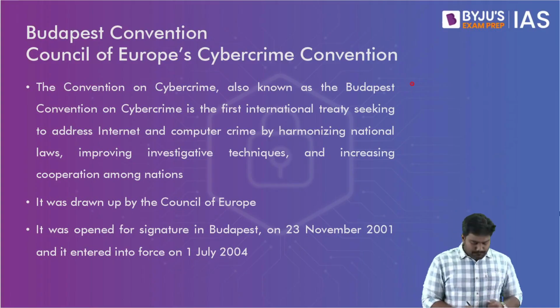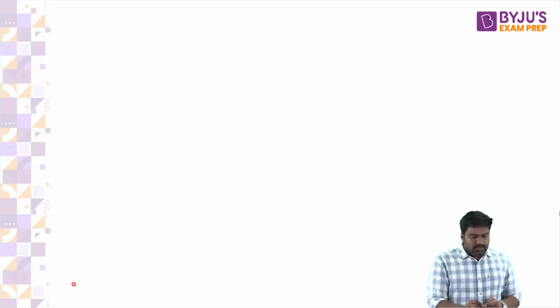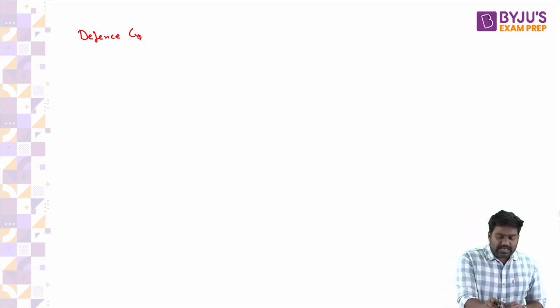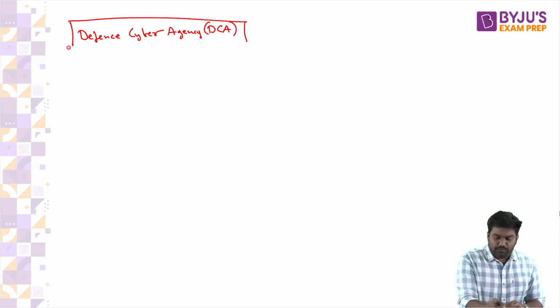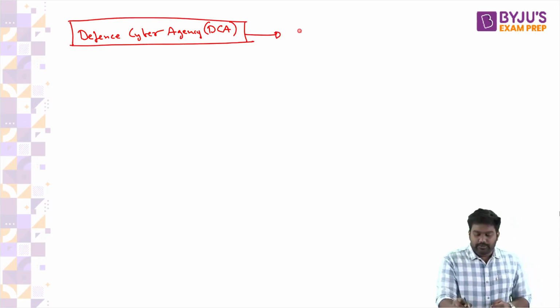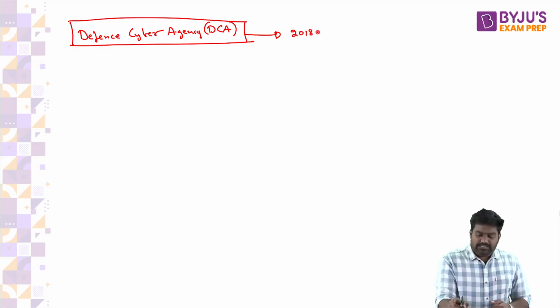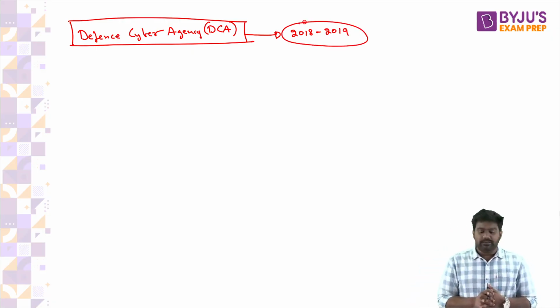Now, before we talk about a global convention, I want to mention the Defense Cyber Agency. Do you know that we have a dedicated military agency today for cyber warfare? It was one of the major reforms that was introduced recently as part of the 2018-2019 defense reforms. Many new agencies and institutions were being created, right?